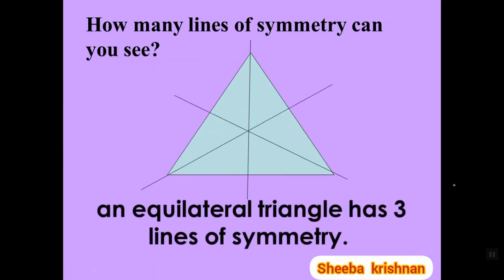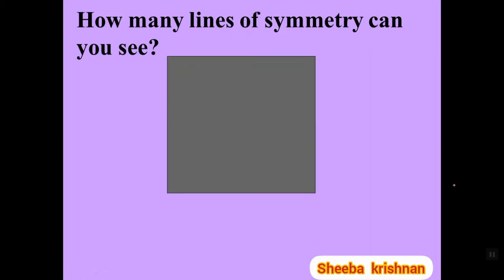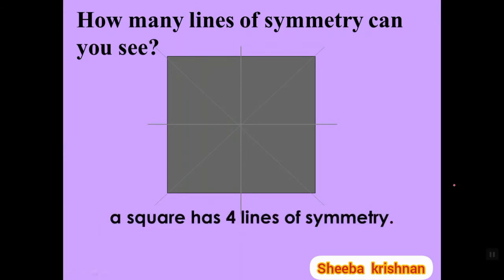It is an equilateral triangle, so it has 3 lines of symmetry. How many lines of symmetry can you see? It's a square, so 1, 2, and diagonally 3, and here 4. A square has 4 lines of symmetry.